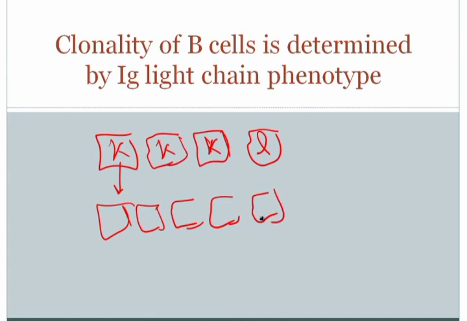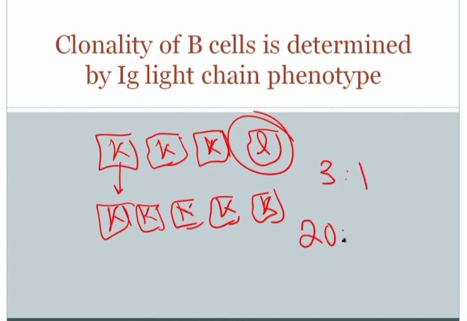And so what's going to happen is we're going to get a massive excess of kappa, okay? And of course there will still be some lambdas, but the kappa to lambda ratio, instead of being 3:1, will become something like 20:1.